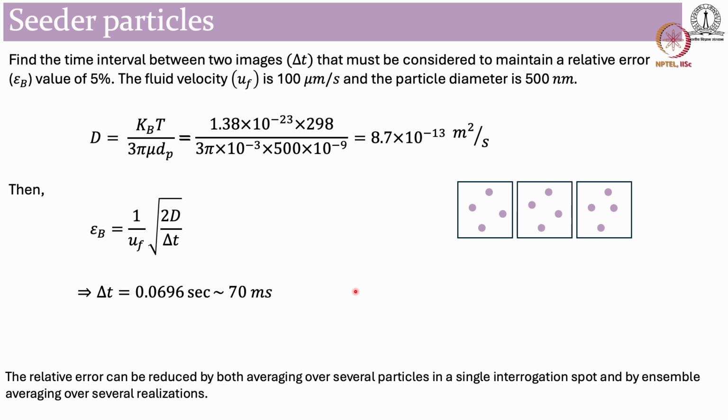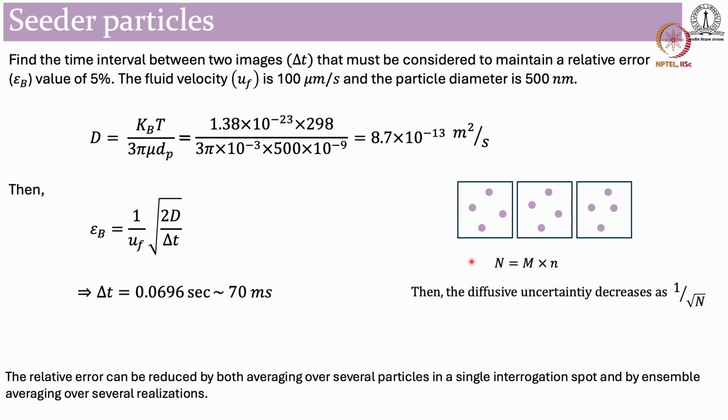Now suppose you have three images, this is 1, this is 2, and this is 3, and in each image you have 4 particles. So basically m is the number of images and n is the number of particles. If you multiply these two, you get a term that is n.